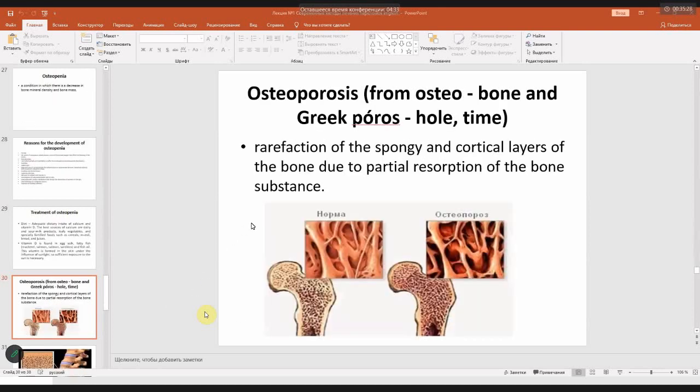Osteoporosis, from the Greek osteo, bone, and poros, pore. Rarefaction of the spongy and cortical layers of the bone due to the partial resorption of the bone substance.